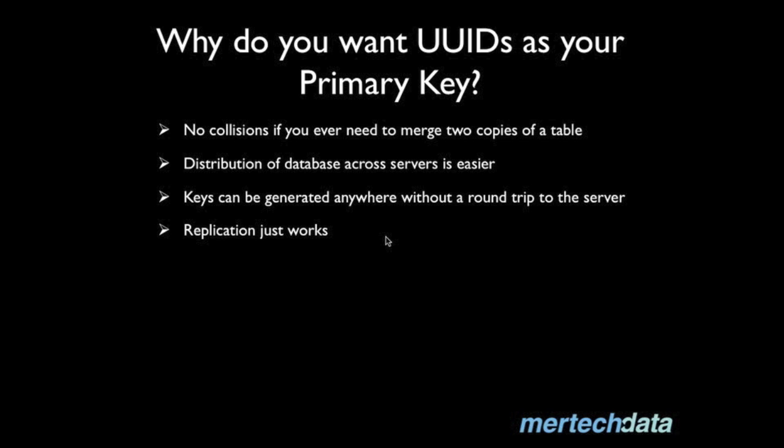One of the other reasons to use it is that it gives you the ability to do replication of your database. In fact, a lot of database systems require that you have a UUID column for replication. And if you have distributed databases, in general, it just helps to not have to worry about synchronizing a sequence or something like that across multiple servers.